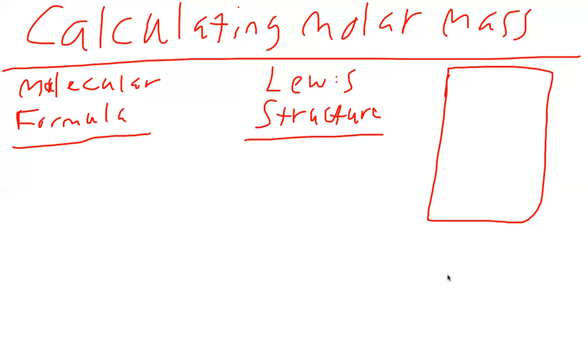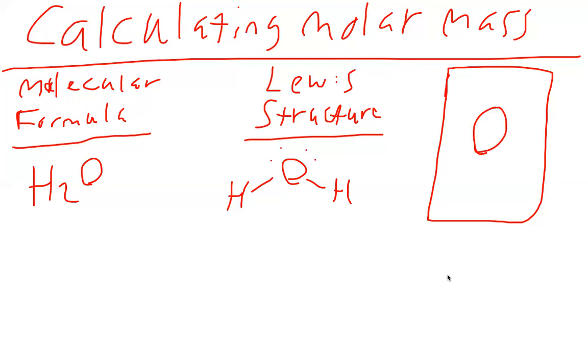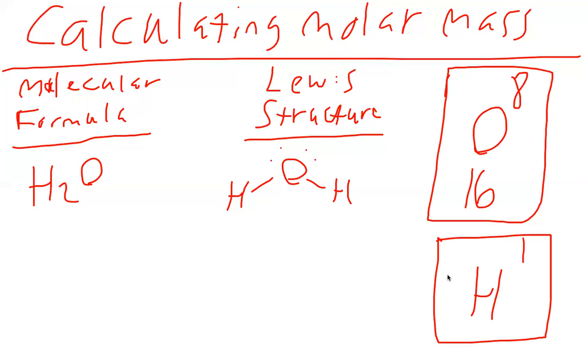The molecular formula is H2O, and the Lewis structure is HOH. We have two different atoms here. We have O, which again has atomic number 8 and mass number 16. But we've also got H, which has atomic number 1 and mass number 1. I'll just put a 1.00 there. Atomic number 1, mass number 1.